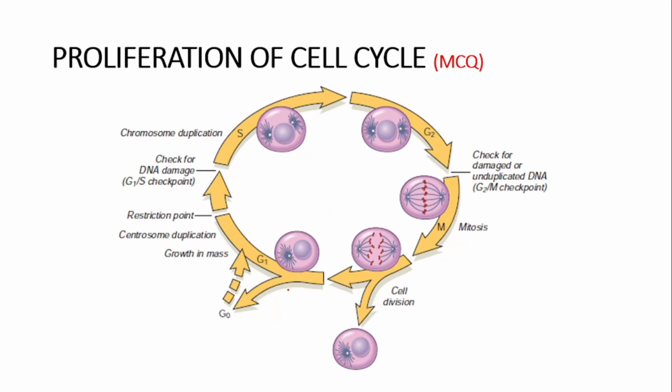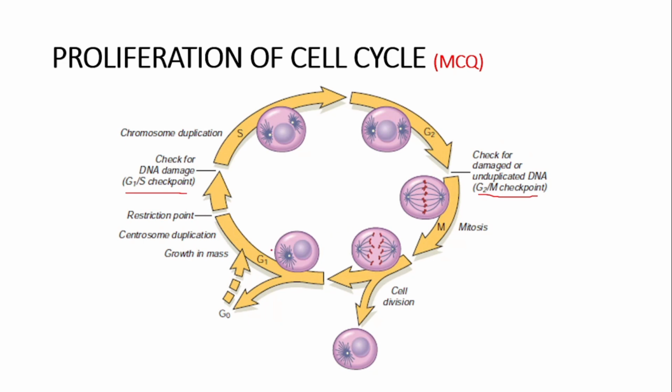This cell cycle consists of G1 phase, S, G2 and M phase, and there are two checkpoints. The checkpoint between G1 and S is called the G1/S checkpoint, and the one between G2 and M is called the G2/M checkpoint.